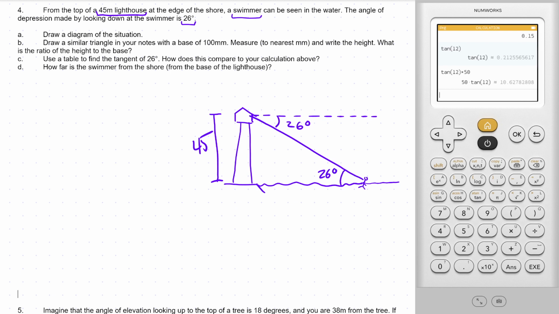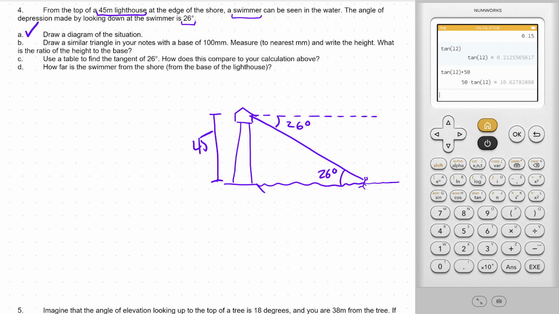Those are equal. So now we see we have a triangle, and part A says draw a diagram. We just did that, so we've done part A. Good.